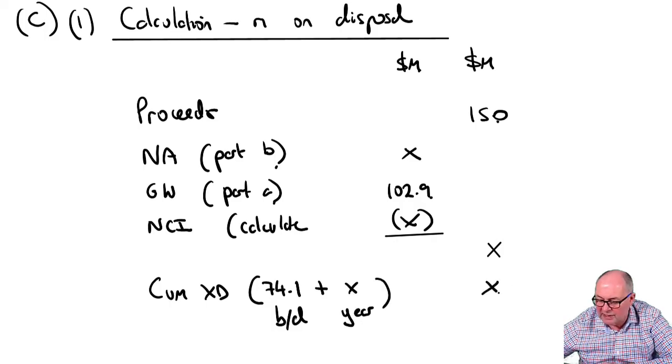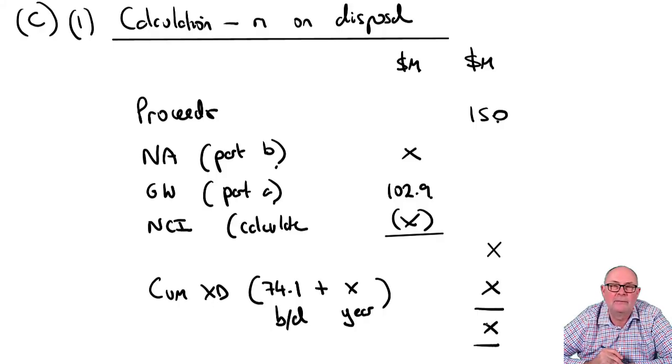That would be very messy, wouldn't it? And that finally would give us the profit on sale. Very hard to get that, but maybe we can get 1 or 2 marks from approach. Remember, you don't need to have the calculation 100% correct to get full marks. They are looking at approach.